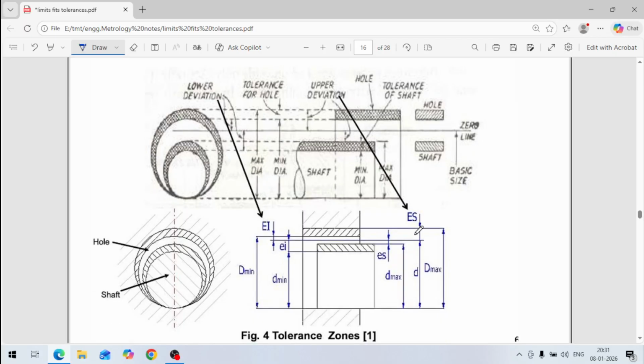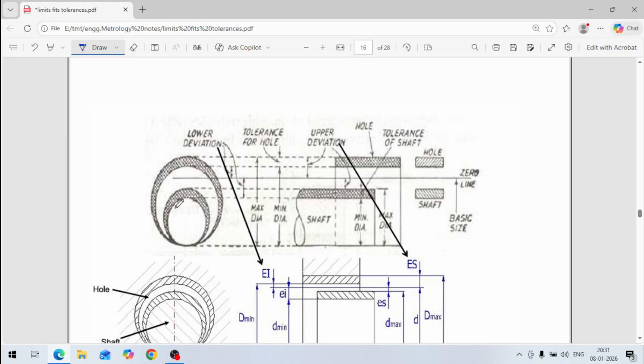If you see in this figure, here it is shaft and this is hole. This diagram is a side view, this is the hole and this is the shaft. And this area is the tolerance zone. This is the tolerance zone of the hole and this is the tolerance zone of the shaft here.